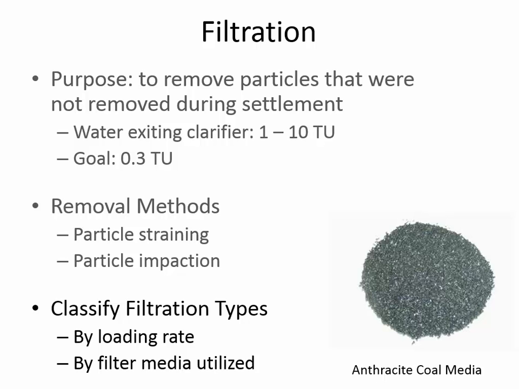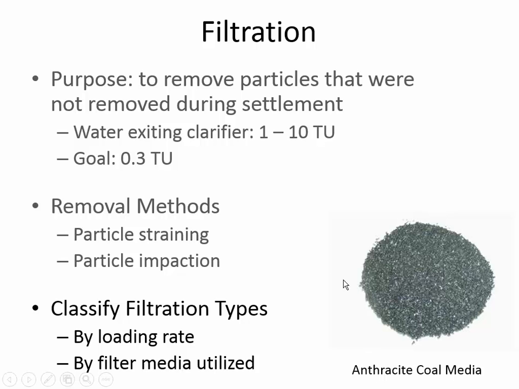Maybe there was a particle here and that ray of light gets stuck, and this one gets stuck here, but some of the other ones get through. So if you know the ratio between how bright it was initially and the intensity of the light when it comes out, you can calculate the turbidity from that. Water that's very low on particles will have higher clarity, and the turbidity is going to be very low. So 0.3 turbidity units just means there's not very many particles floating around in the solution.